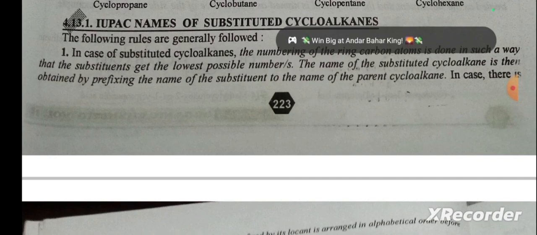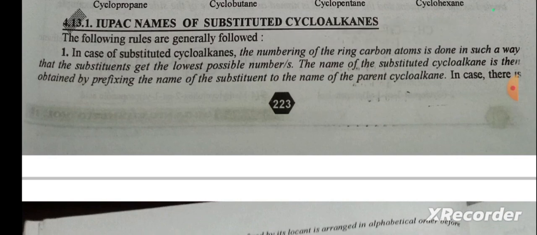IUPAC name of the substituted cycloalkane. The following rules are generally followed. In the case of substituted cycloalkanes, the numbering of the ring carbon atoms is done in such a way that the substituents get the lowest possible numbers. The name of the substituted alkane is then obtained by prefixing the name of the substituent to the name of the parent cycloalkane.